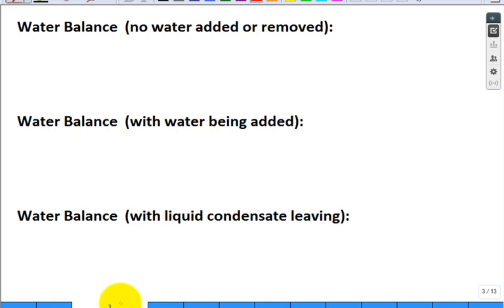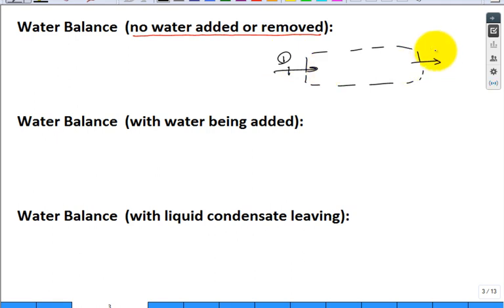So when you do a water balance, first of all, consider the case where there's no water being added or removed, and you still have a system. You have the inlet 1, outlet 2. So you say, what is the mass flow rate of the vapor coming in at 1? And I have no other inlet or outlet of water.